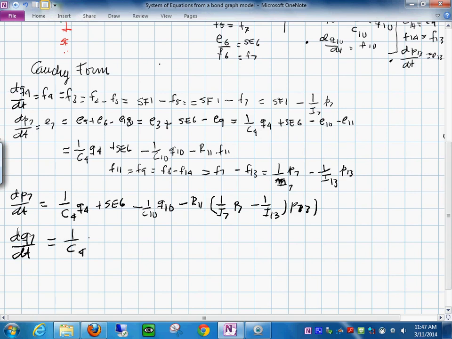This was a long one. That's AC6 minus 1 over C10 Q sub 10 minus R11 over I7 P sub 7 plus R11 over I13.